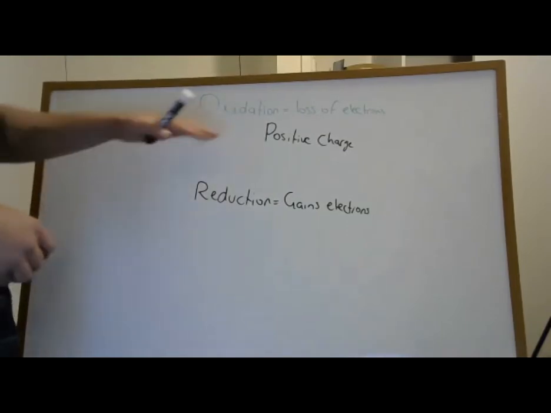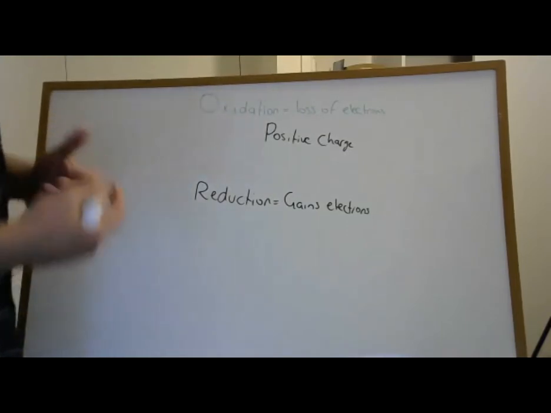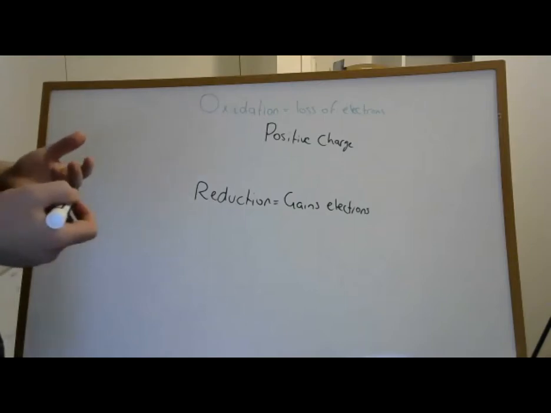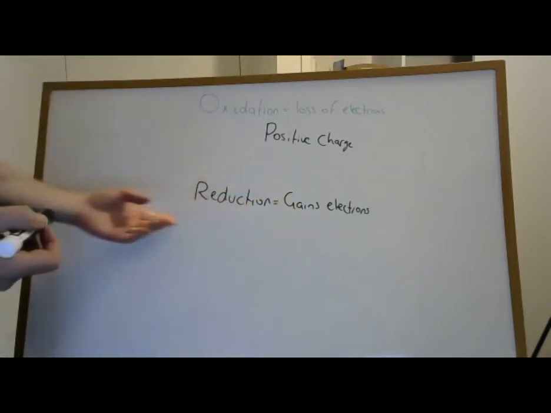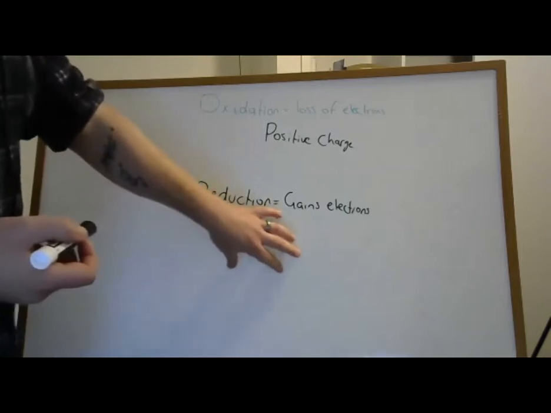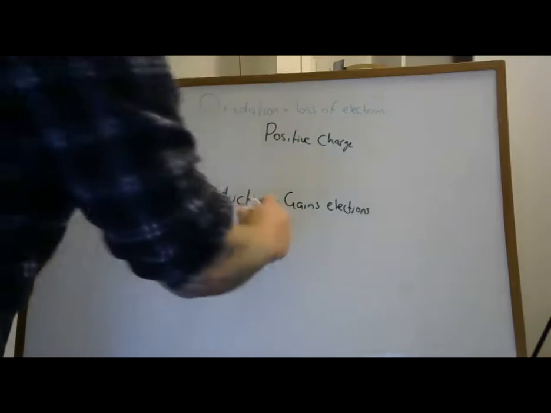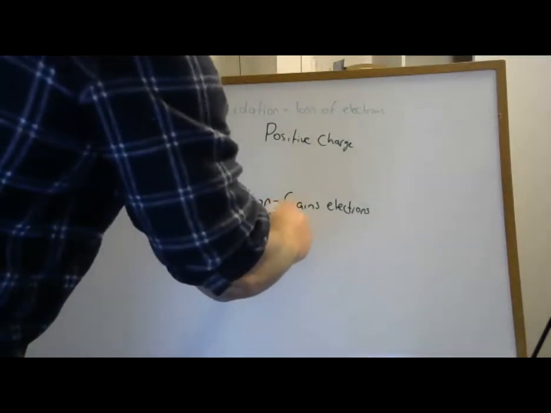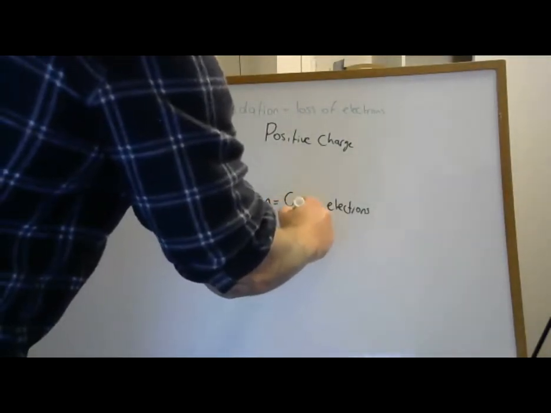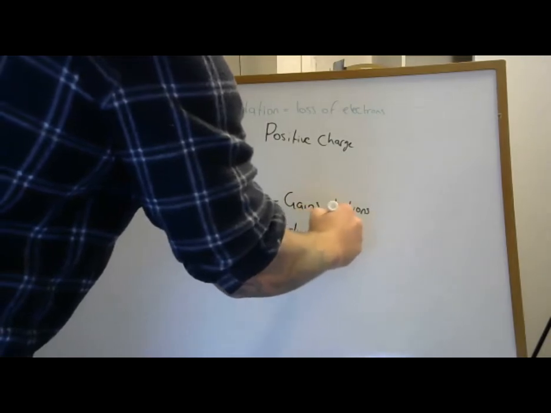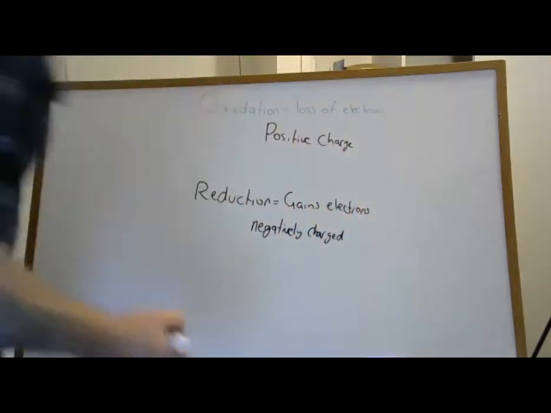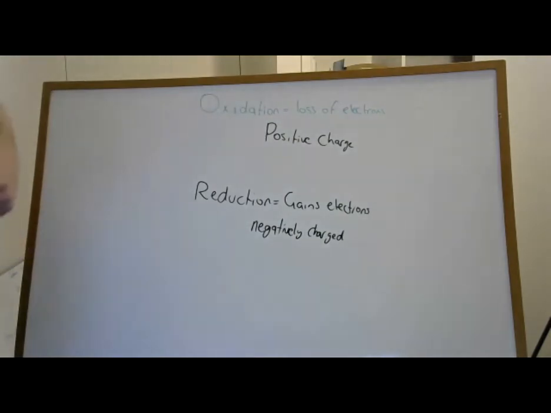And now if we think, okay, electrons are negatively charged, if this element, atom, is gaining electrons, then it's going to become negatively charged. So it will become negatively charged because it's gained electrons which have a negative charge.